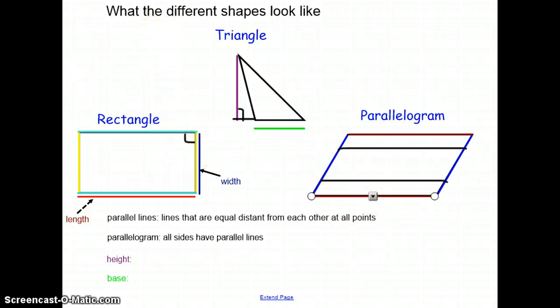Now you can ask yourself, is a rectangle a parallelogram? I would say yes. A rectangle is a special parallelogram. The reason we call it a rectangle in general is because it has 90-degree corners, and the side length happens to be the same as the height.